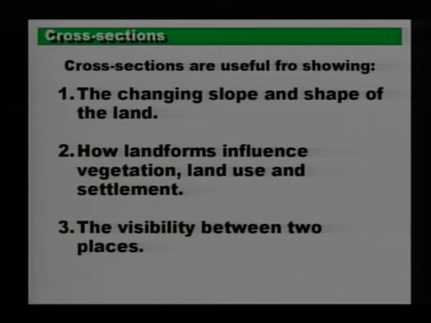How do we know whether the area is steep or not? By looking at the contour patterns. Perhaps if we construct a cross-section, we can tell whether that area is very steep or not so steep. And 3, cross-sections are useful for showing the visibility between two places. So those are the 3 reasons why there might be a need to construct cross-sections.